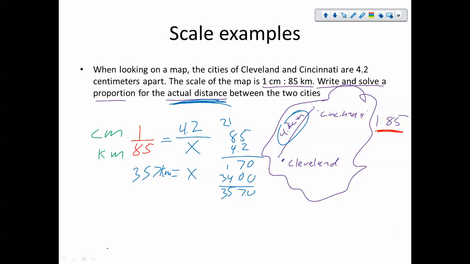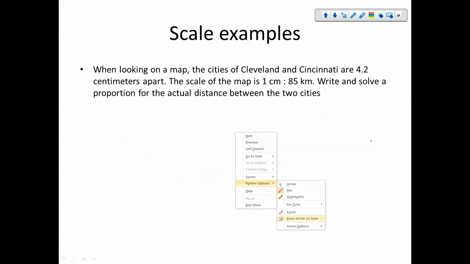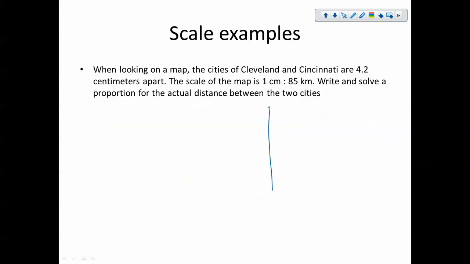Now, this is the same kind of process as what you do when you have a scale drawing of a house, right? If you're given the scale drawing of a house, and your house looks like this, and that's one room, there's a closet, that's your kitchen over here, you got this great big living room, dining room, whatever.